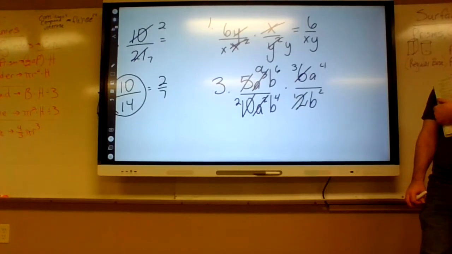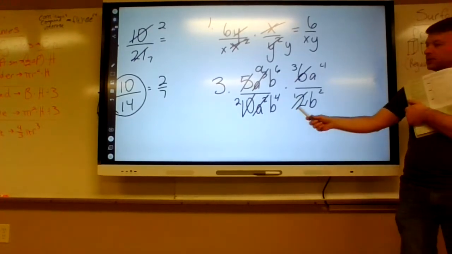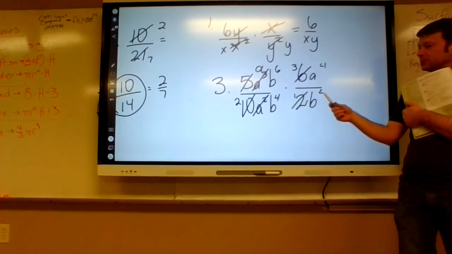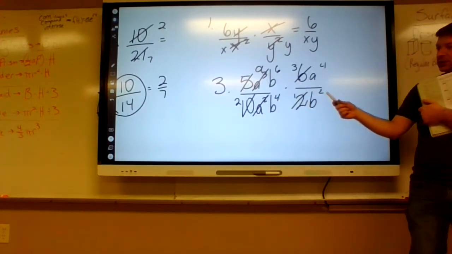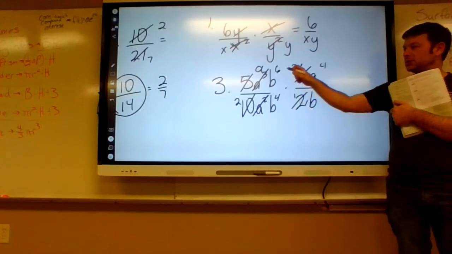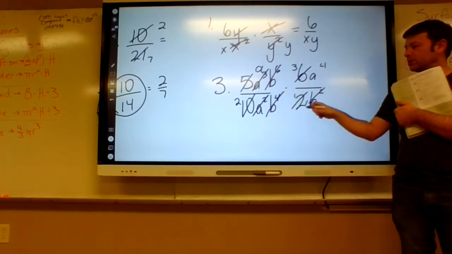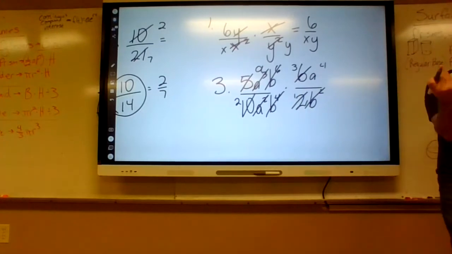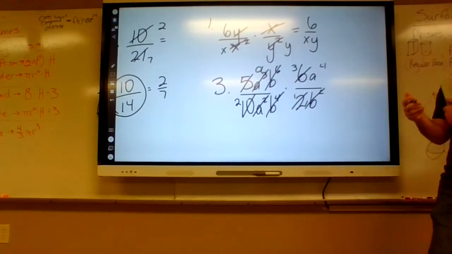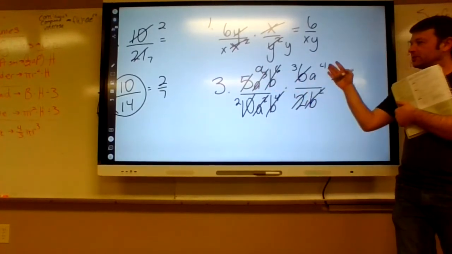And on the B's, how many do I have on bottom? 6. How many do I have on top? 6. So they will all just go away. Basically everything on bottom is together. Everything on top is together. All these things are 1.